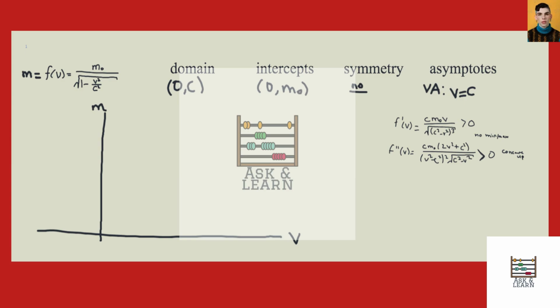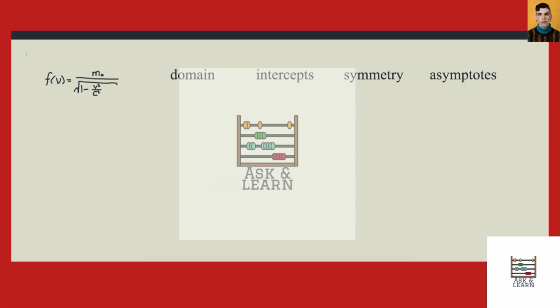All right, so we have an intercept at (0, m initial). We have an asymptote at c, and our graph will approach but not touch c.